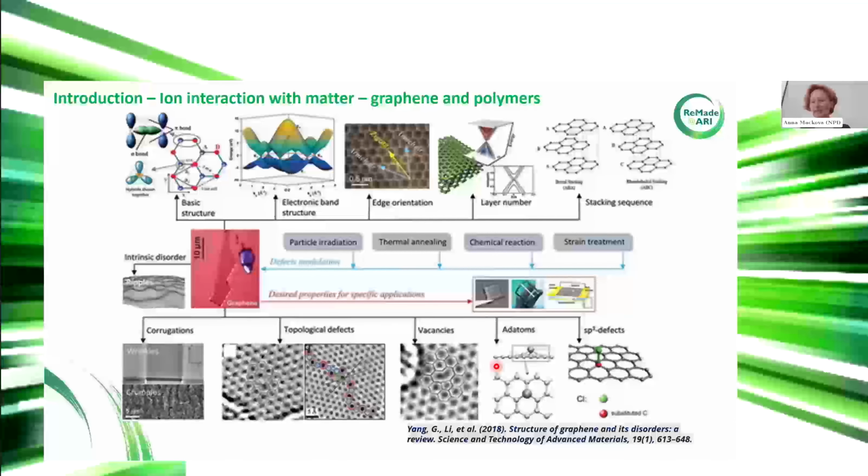If I implant, for example, metals like copper or cobalt, then depending on how the cobalt is connected into the graphene structure, this is the site for absorption of very harmful gases like CO2, methane, sulfur dioxide, and so on. So again, we can use ion irradiation here.